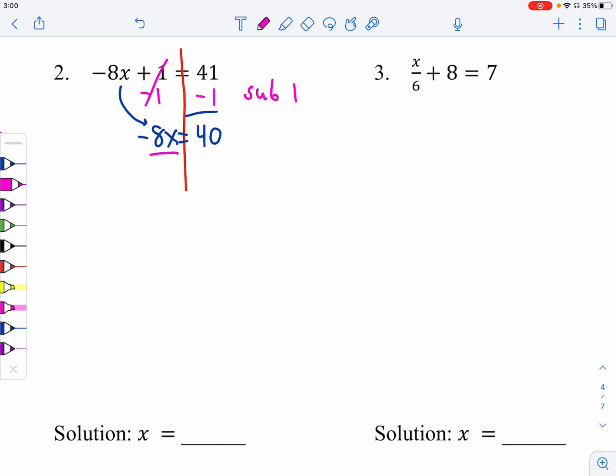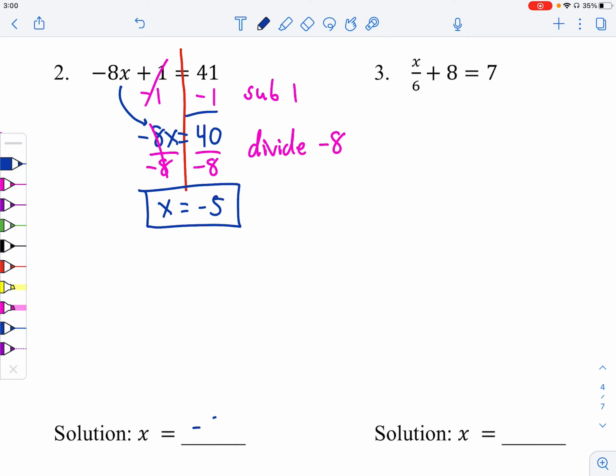And we want to detach that -8, so we have to divide it. Detach from your partner. So we're going to divide by -8 on both sides. x equals 40 divided by -8 is -5. So our solution is -5.